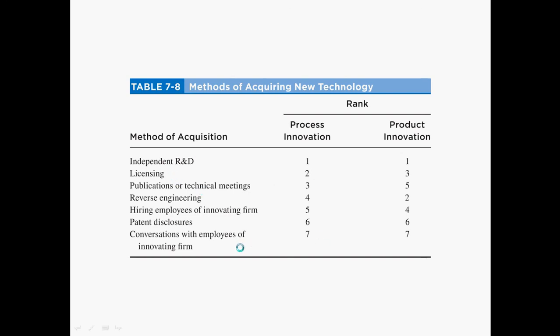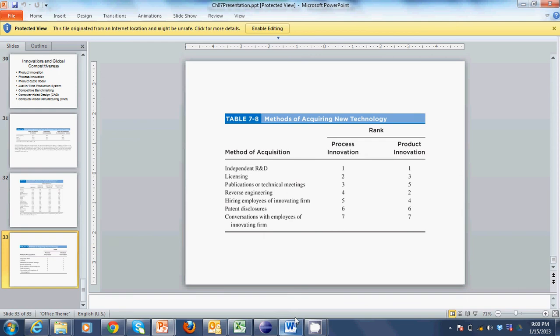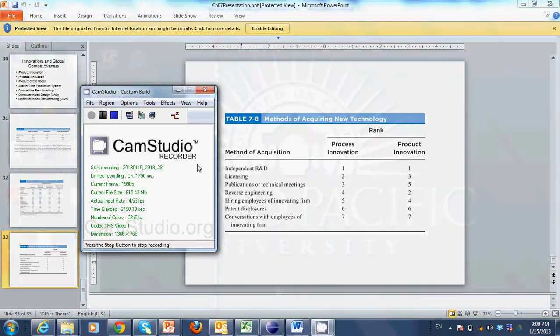Then licensing, public working down, conversations with employees of innovating firms, patent disclosures, reverse engineering. For product innovation, the main difference is reverse engineering is a little bit higher, and I guess hiring employees of an innovating firm, a little bit higher. Fairly similar order, but these are various methods firms can use to improve their technology. Very good.